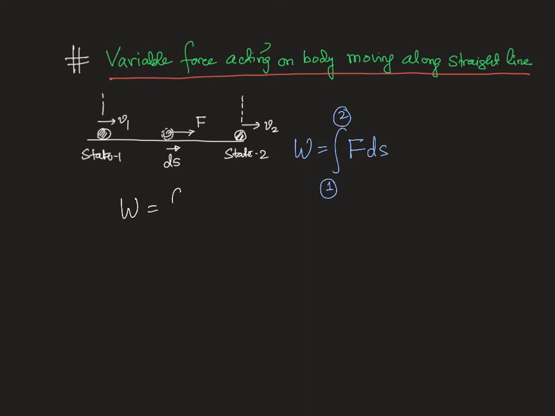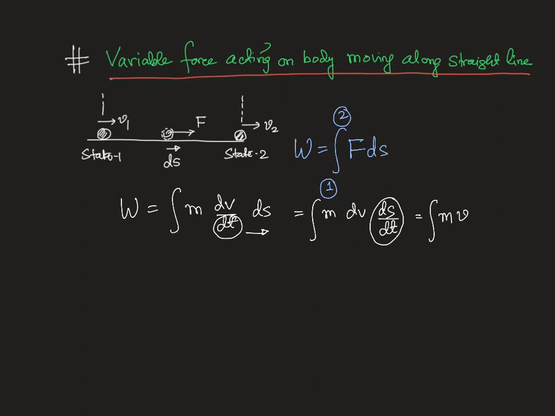So that is the integration of F, which we can write as m dv/dt times ds. Now ds by dt is v. In physics you can quickly shift this dt to the space beneath ds. So this is m dv multiplied by ds/dt, and ds/dt is actually v.